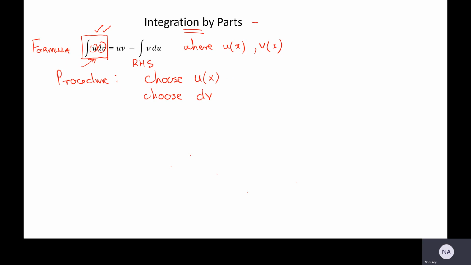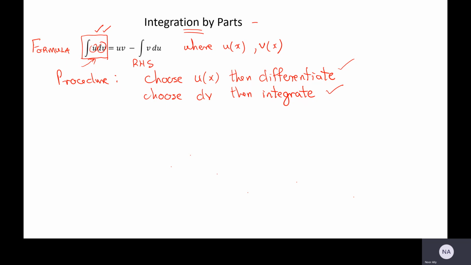Now, after you have chosen U of X, you then differentiate U of X. So you derive it. And dV, obviously you cannot derive, you integrate. So when using integration by parts, in the initial stage, we will be differentiating U and integrating dV.